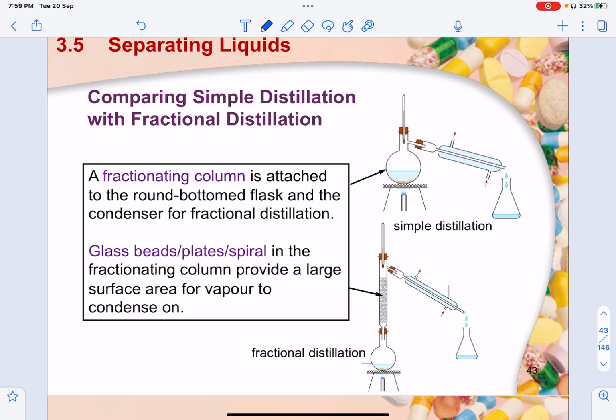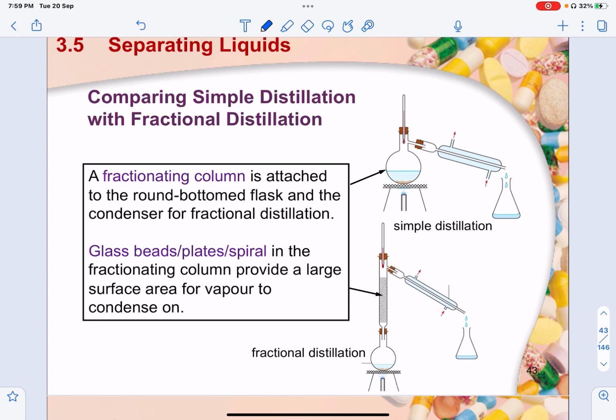So this is the main difference between a simple distillation, whereby a fractionating column is actually attached to the round bottom flask to allow better separation to take place. So the glass beads, right, sometimes they will have some plates or spirals in the fractionating column, to provide this large surface area for the vapor to condense back into the liquid form and to fall back on.